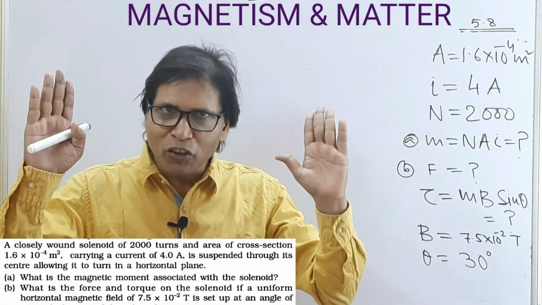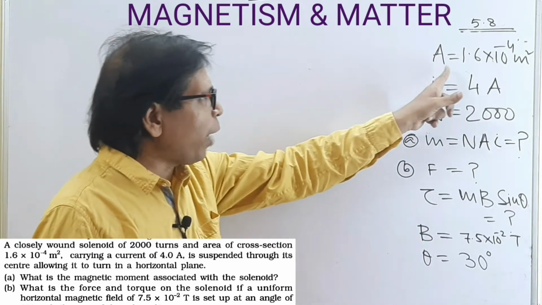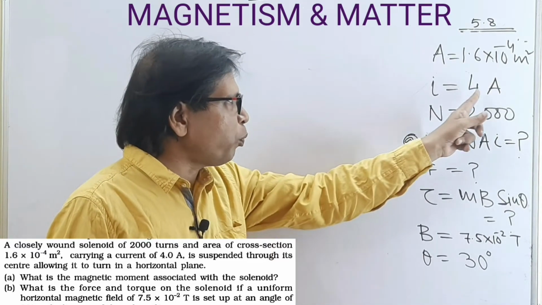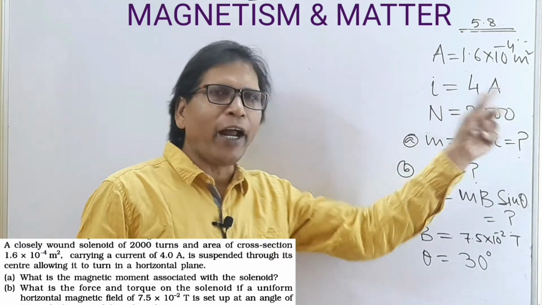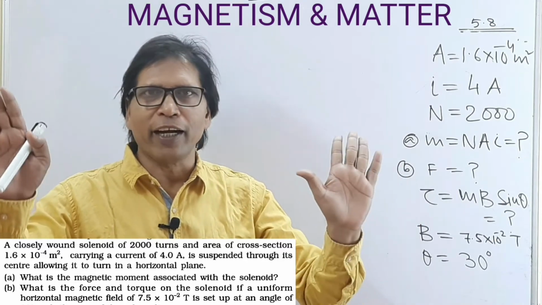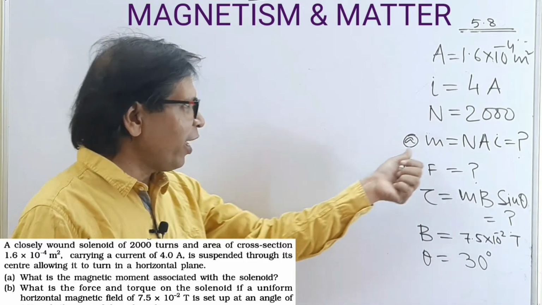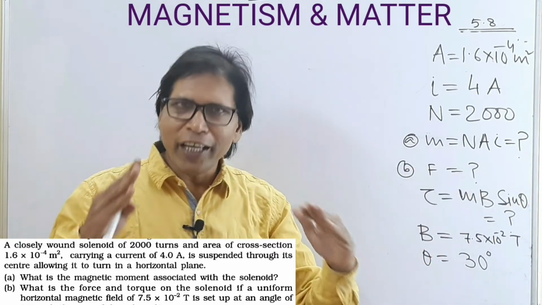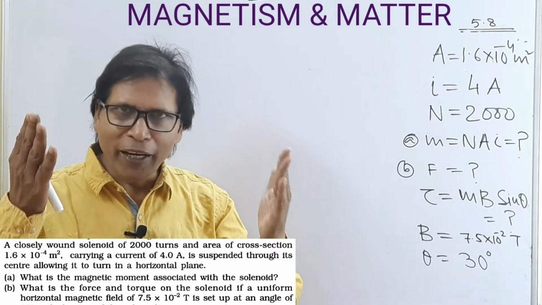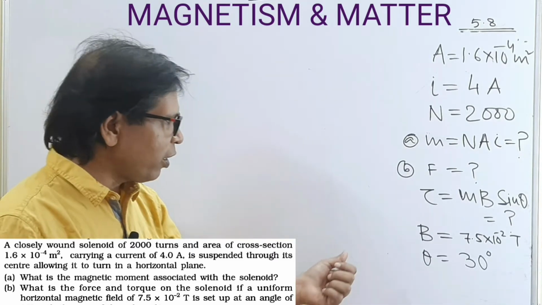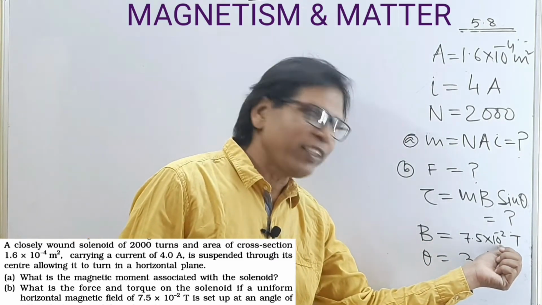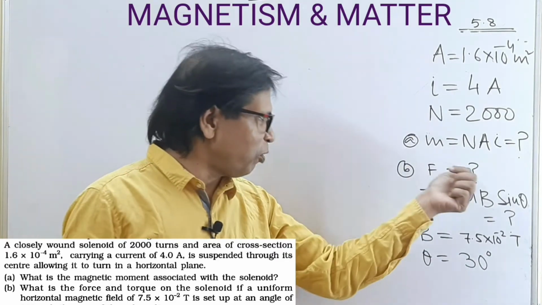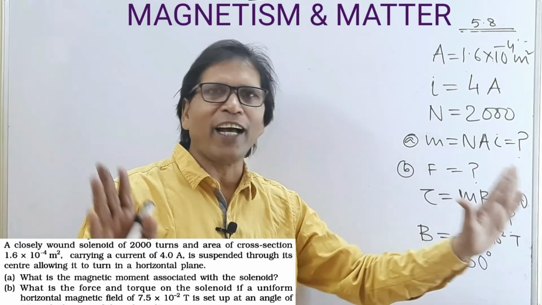Look at this, a solenoid of area of cross section this, carrying a current I equal to 4 ampere and total number of turns is 2000 turns. We have to calculate the magnetic moment NAI. Now if this solenoid is placed in a magnetic field of strength this at an angle 30 degree, we have to calculate force and torque mb sin theta.